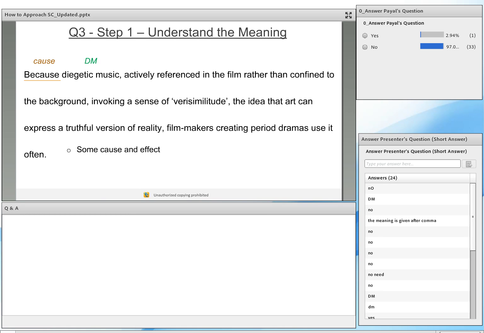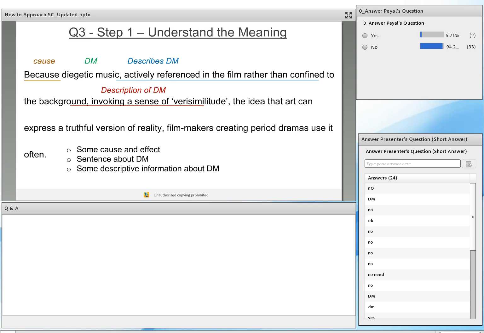Okay. Now, so far what I've read, let's come back. The sentence is about DM. What we know about it is there is some descriptive information about DM, right? Now, filmmakers creating period dramas use it often. Now, this is where I sense some problems.